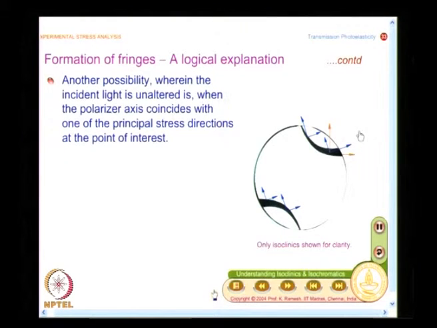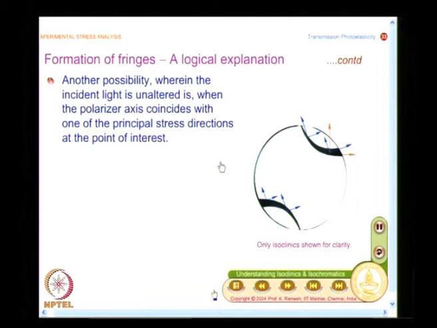For clarity of understanding, isoclinics are shown here, but there is no optical arrangement that is available to get you this. What you could possibly do is take a photoelastic material which has a very high value of f sigma. So, for the given load applied, you may not have significant formation of isochromatics. That is the only way which you can see only isoclinics with some level of clarity.